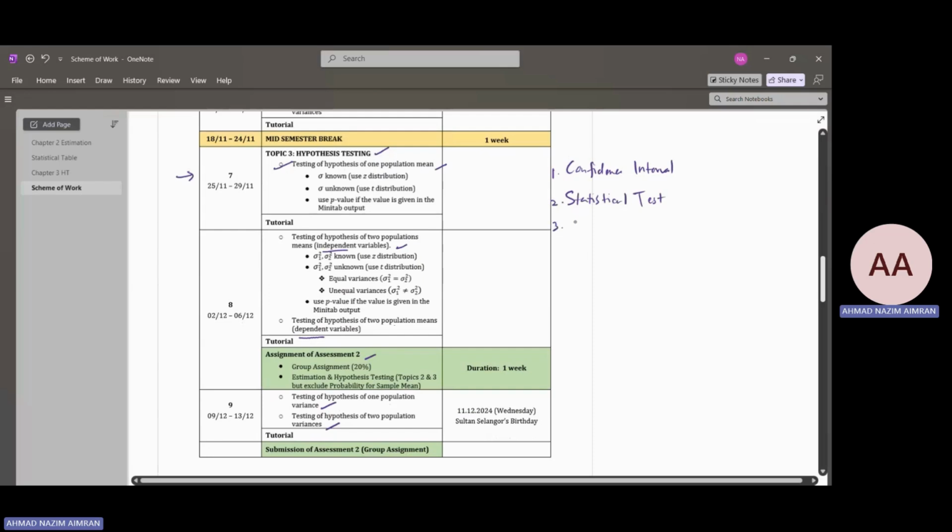And the last one is we can also use the p-value. If you notice here, we have one subtopic that is by using the p-value to test the hypothesis. All right. So in this chapter, we are going to discuss these techniques of testing the hypothesis.